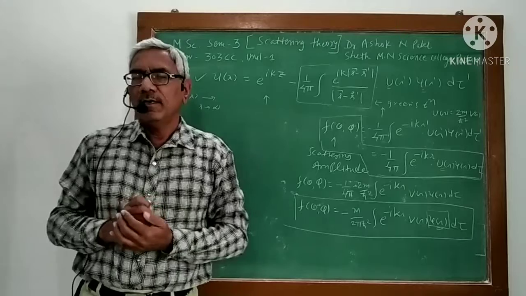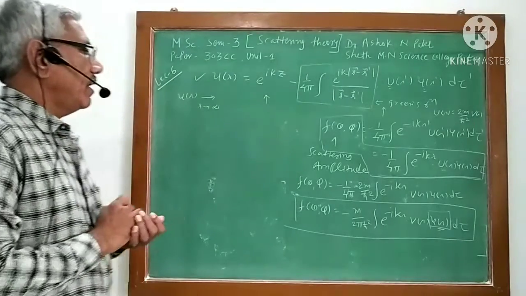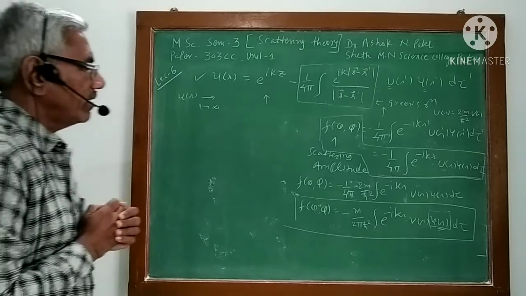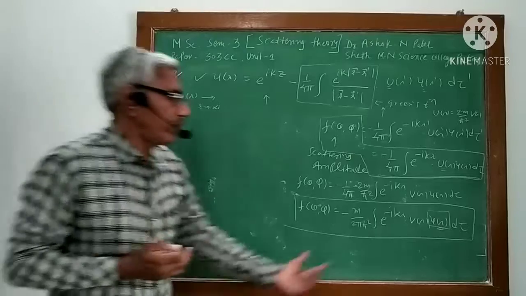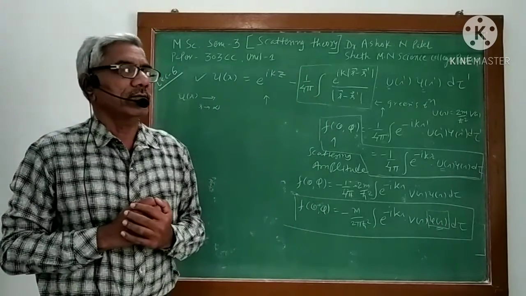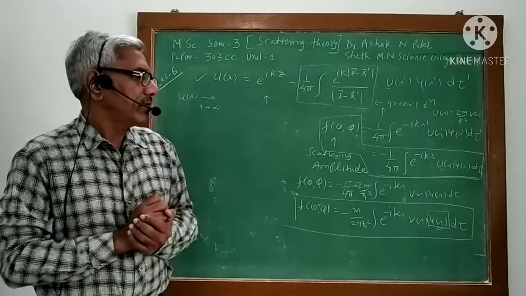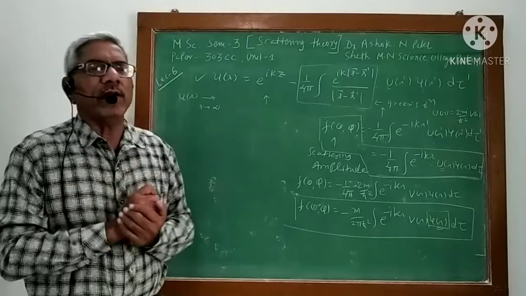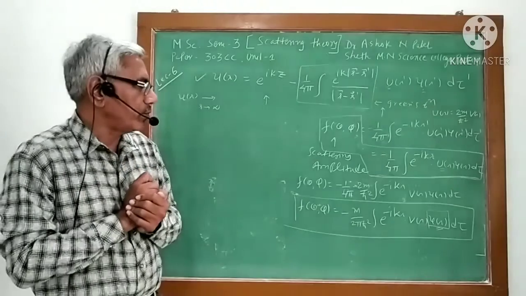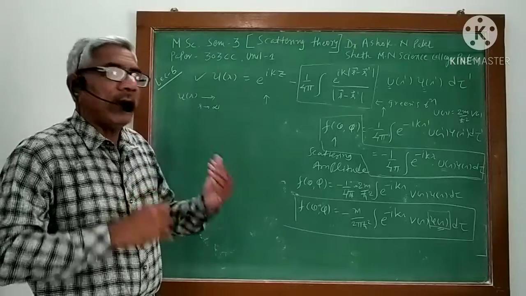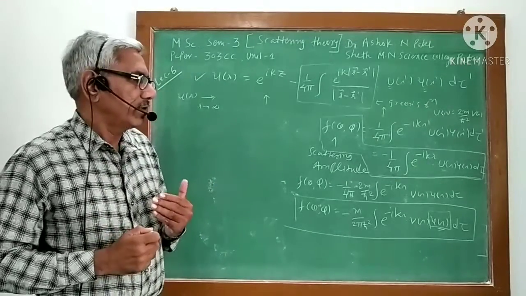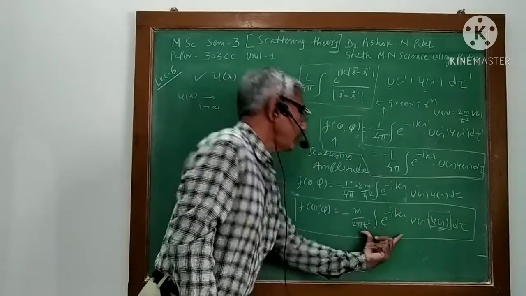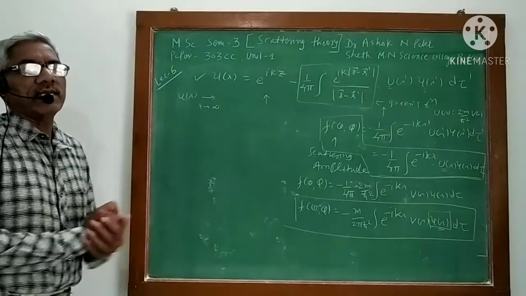So the problem is very tricky, and in such a case, if you do not know the function exactly, then you can find its approximate value. So using an approximation method, we can solve for this UR, substitute over here, and find the scattering amplitude.